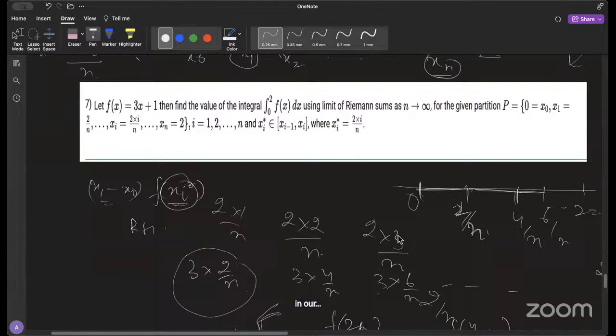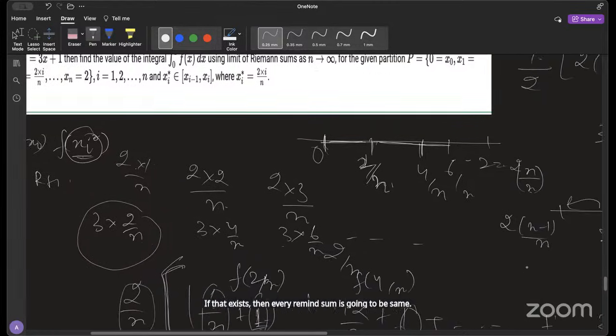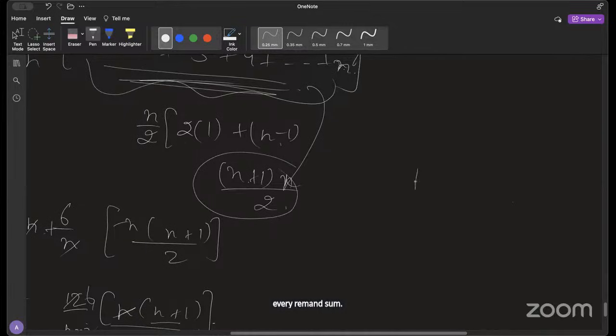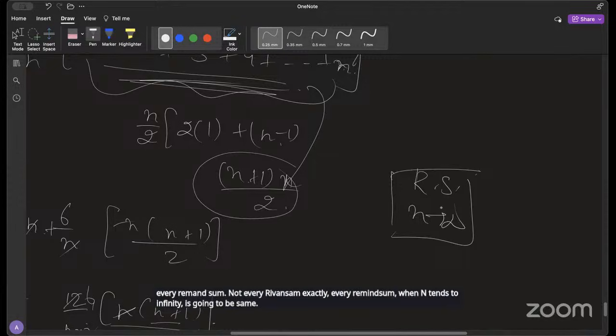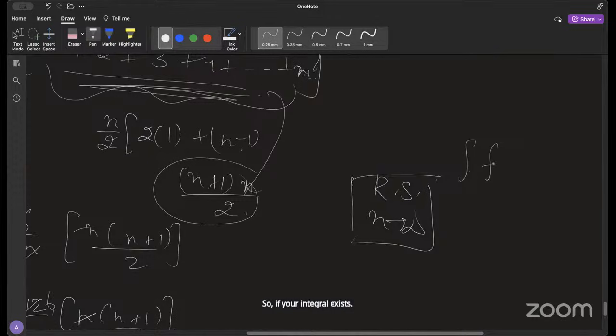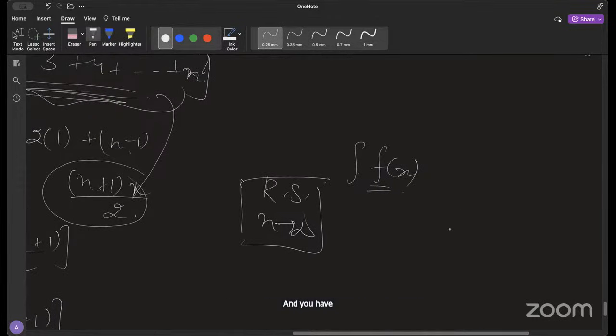In what we've done so far, we've used right hand Riemann sum. If the Riemann integral exists, you have been asked to find the integral. If that exists, then every Riemann sum when n tends to infinity is going to be the same. So if your integral exists, that means, if you have f(x), you can simply take the sum of f(xi star) delta xi, i varying from 1 to n.